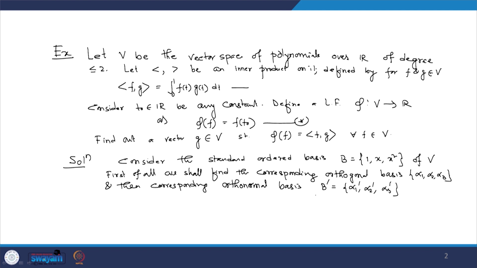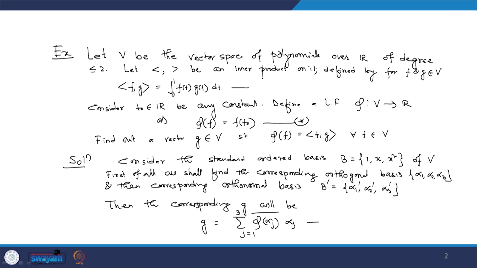Suppose b prime is known to us, then the corresponding g will be equal to the sum of phi of alpha j bar times alpha j, j equal to 1 to 3.